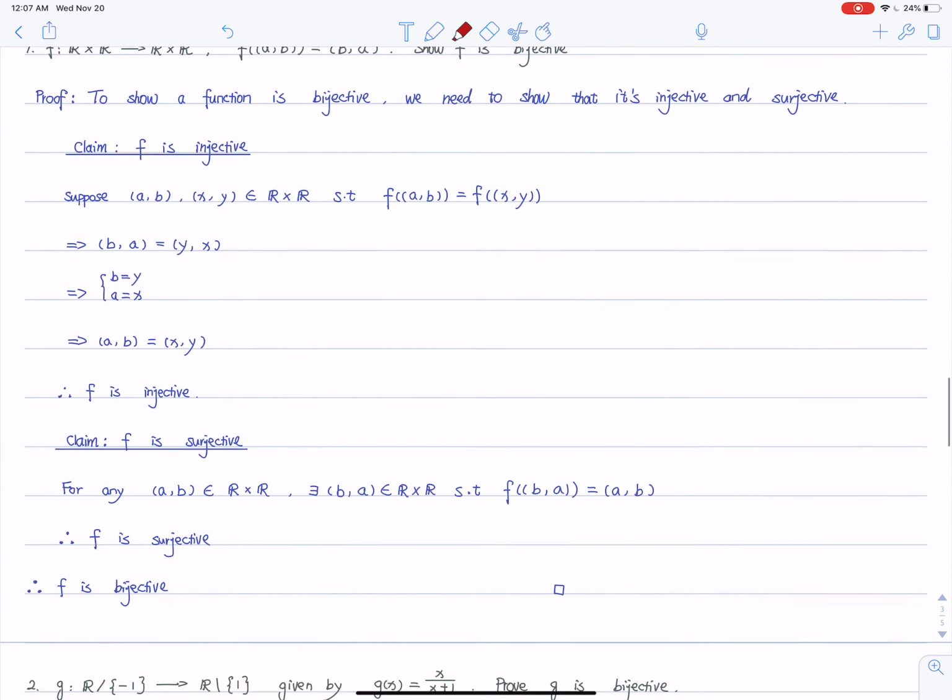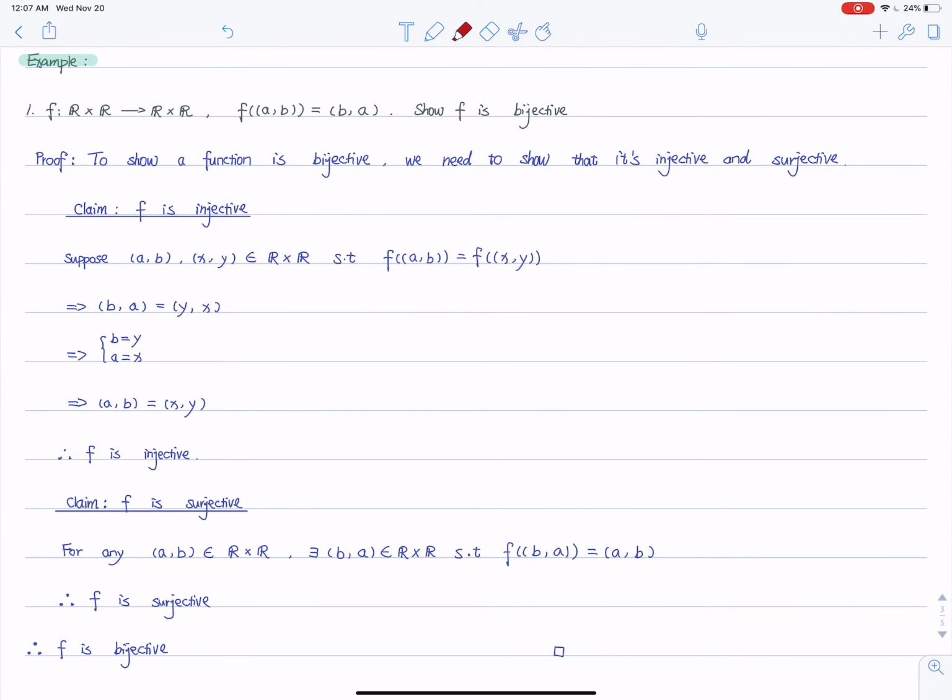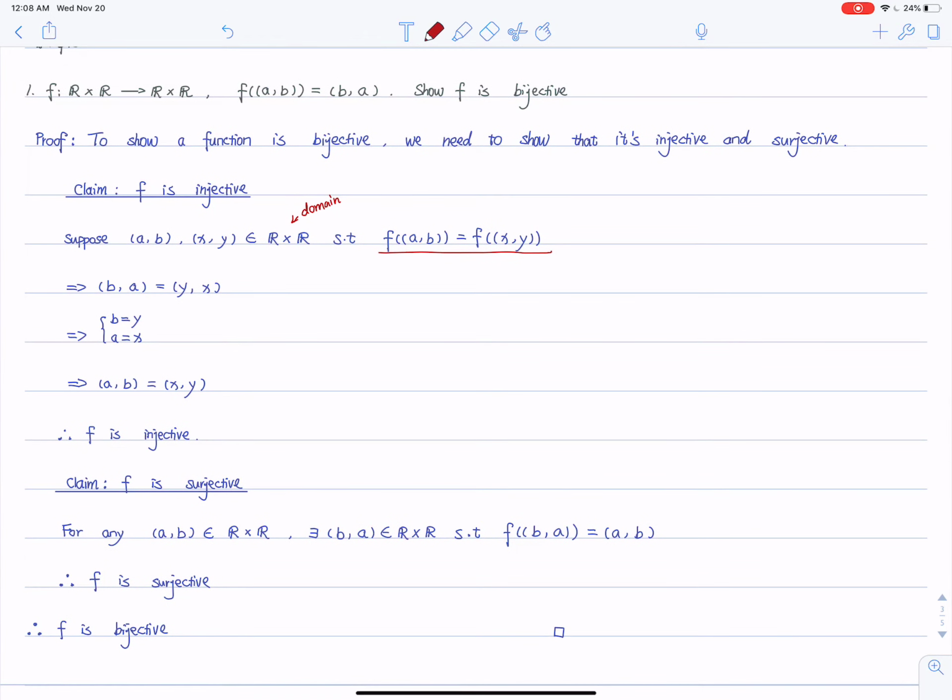So that's what I did here. Suppose (a, b) and (x, y) are in your domain, which is domain times domain, such that f of (a, b) equals f of (x, y). Then based on the function here, we get (b, a) equals (y, x).